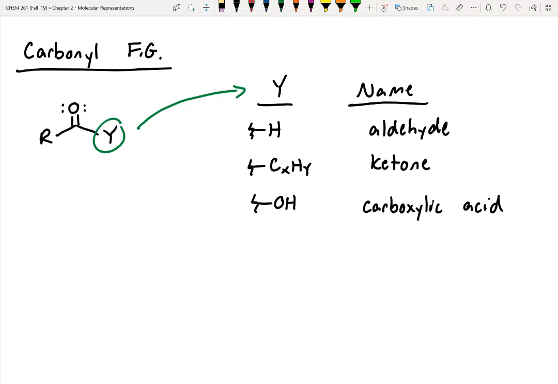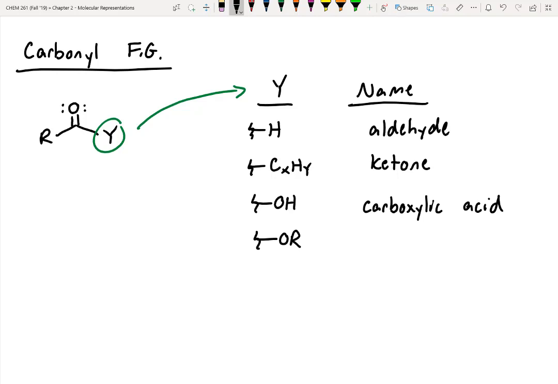All right, next one's a little bit different. So this one doesn't have an OH group, it has an OR group coming off of it. It's called an alkoxy group. So an alkyl group we know is a hydrocarbon. Alkoxy is a hydrocarbon with an oxygen in there. So it has an oxygen first, followed by a hydrocarbon.